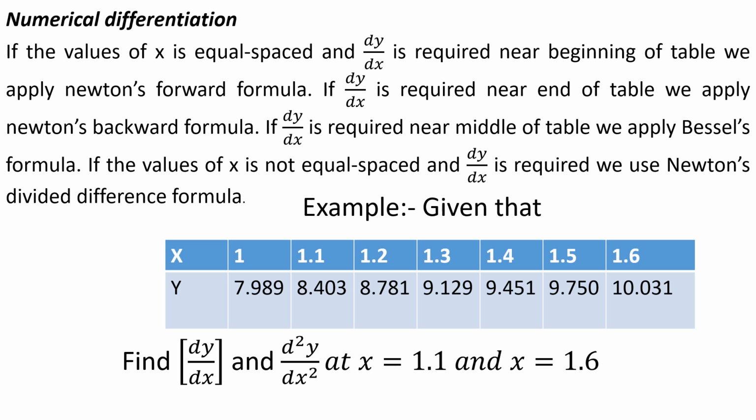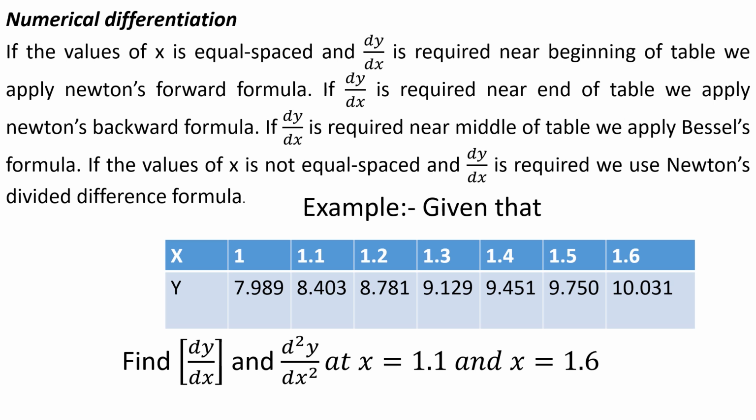So these two formulas we will discuss here. If dy/dx is required near the middle of the table, then we apply the Bessel formula. And if the values of x are not equally spaced, and you want to calculate dy/dx or d²y/dx², then Newton's divided difference formula will be used.